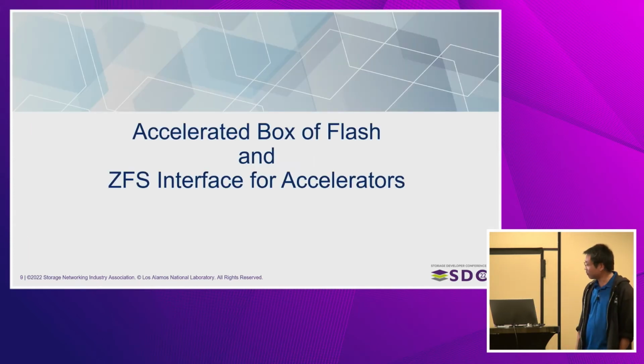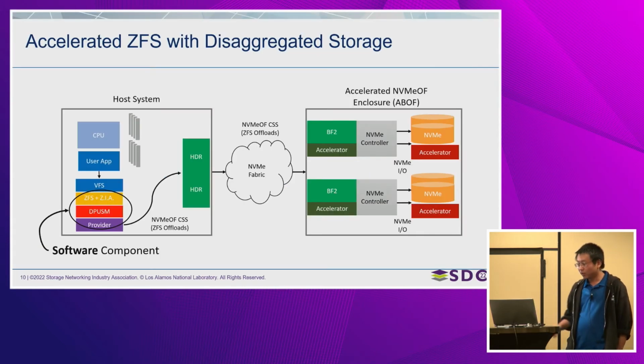So our solution was the accelerated box of flash and the ZFS interface for accelerators, a co-designed hardware and software solution. So on the right side of this diagram, you'll see a box labeled the accelerated NVMe enclosure. This is an enclosure filled with SSDs and accelerators with possibly even a DPU such as the BlueField-2.